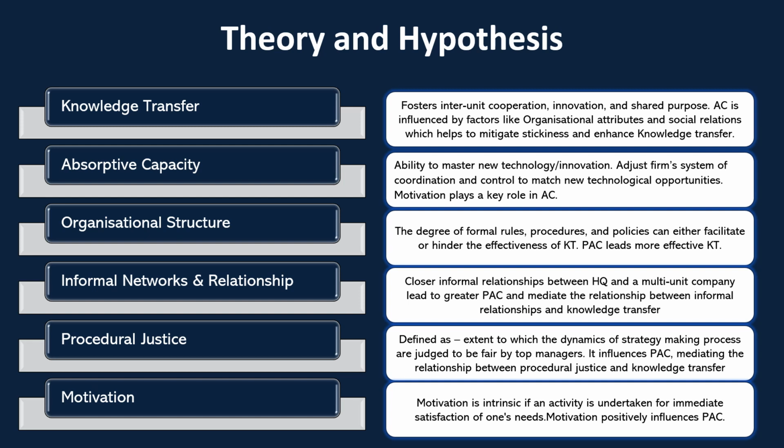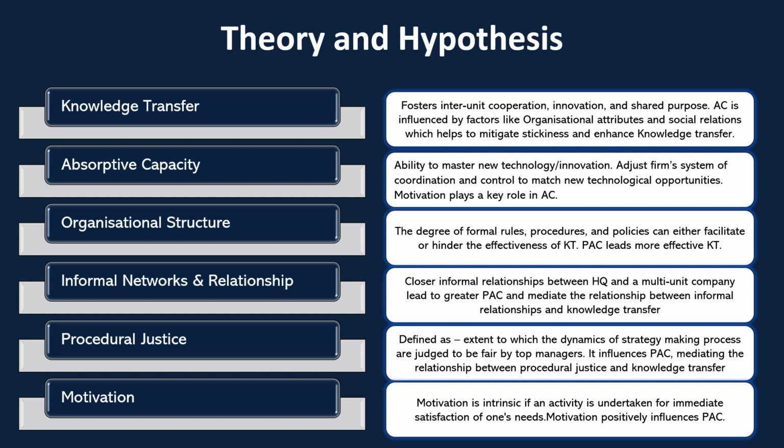Next is absorptive capacity: the ability to master a new technology or innovation very positively and adjust the firm's system of coordination and control to match the new technological opportunities. In this case, motivation plays a very important role. Next is organizational structure. This basically depends on the degree of formal rules, procedures, and policies, which can either facilitate or hinder the effectiveness of knowledge transfer.